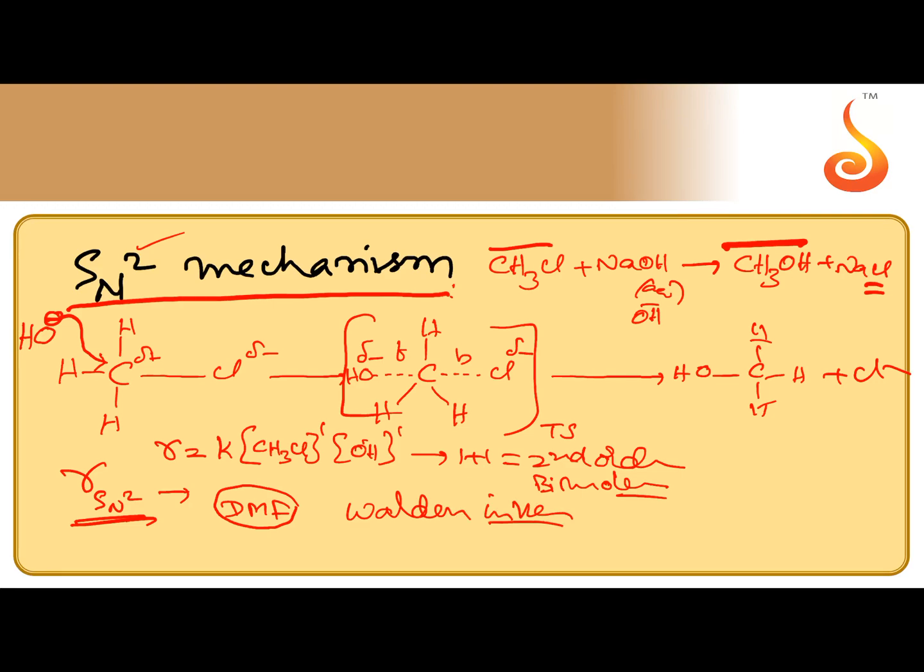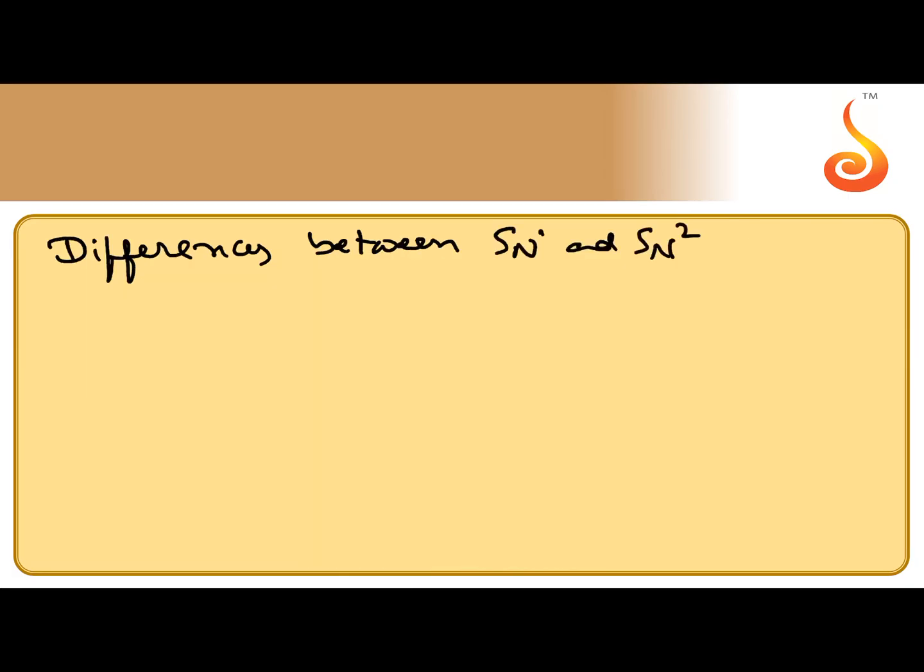If you take different alkyl halides, the rate of reaction is RF, RCl, RBr and RI. This is the order of reactivity. If you take three types of alkyl halides, 1 degree, 2 degree, 3 degree, 1 degree alkyl halide is more reactive, then 2 degree, then 3 degree. So that is about the SN2 mechanism.